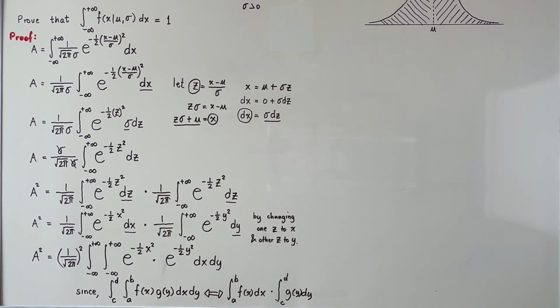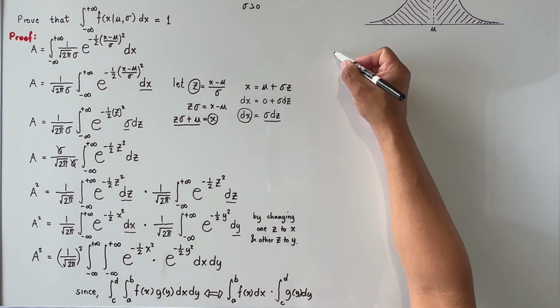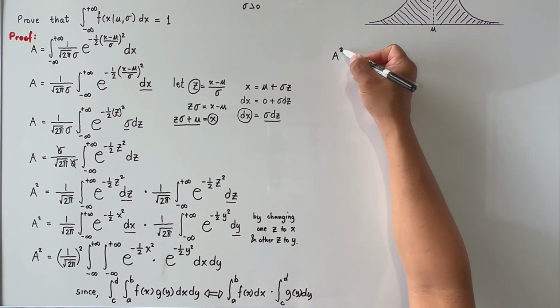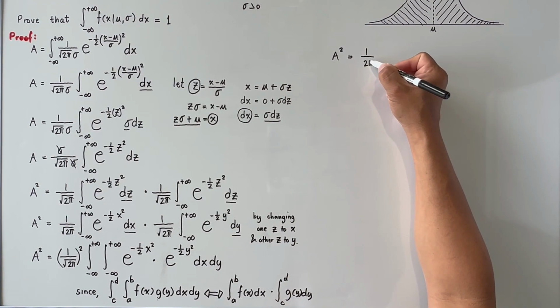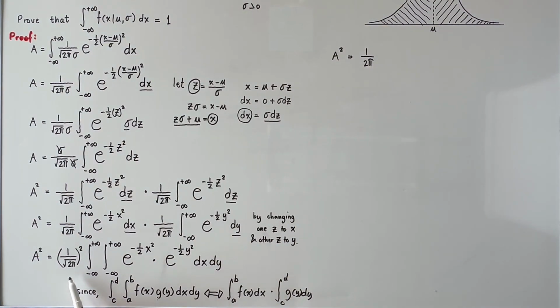So we just apply these equivalent forms, that the product of two integrals is just equivalent to the double integral of the product of two functions, f of x and g of y. So I will write this one here like A squared is equal to 1 over 2 pi, because the square of the square root cancels each other.